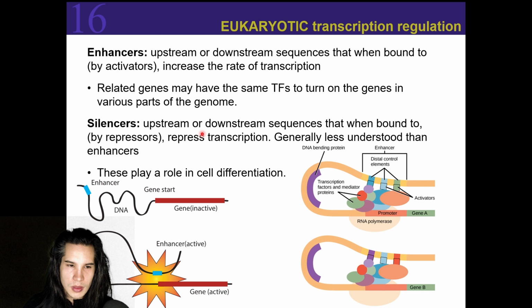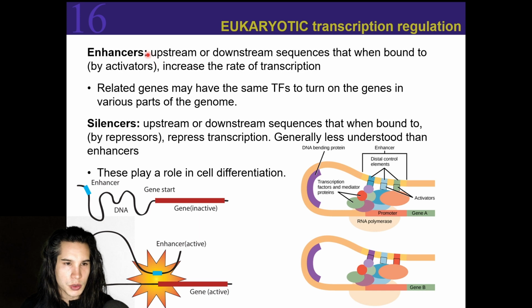transcription. Now, the opposite of enhancers, we have things called silencers, which could be upstream or downstream sequences that, when bound by repressors, will do the inverse. They'll repress transcription and prevent it from happening. Oftentimes, these are going to play a role in cell differentiation.